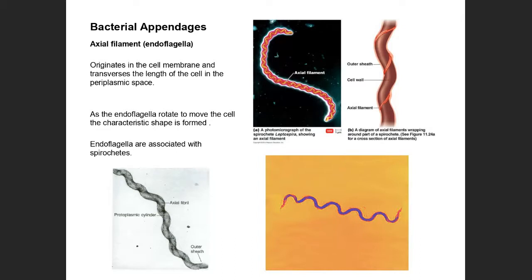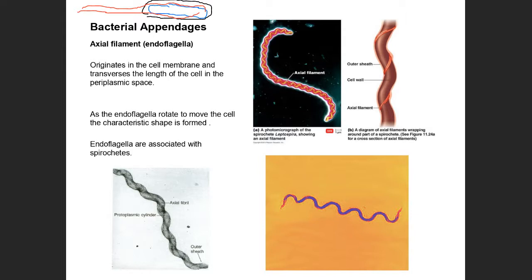And why that's important is because the endoflagella, or the axofilaments, are attached to a cell. For instance, if I was to draw a cell, here is the cell wall. Here is the plasma membrane of a bacterium. An endoflagellum is attached at one polar end, and it traverses the cell in the periplasmic space and then comes out the other side, right? There can be several of these.